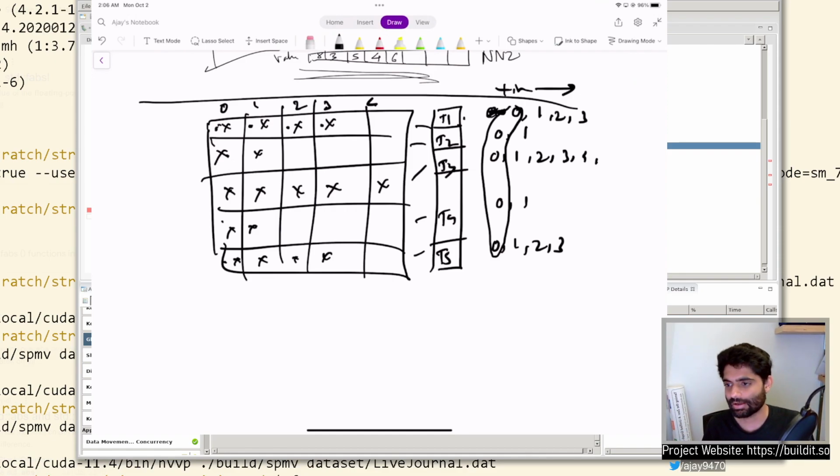I want warps to cooperatively work on the same vertex instead of working on different vertices. And that's the idea that we're going to implement first to improve our global memory accesses.